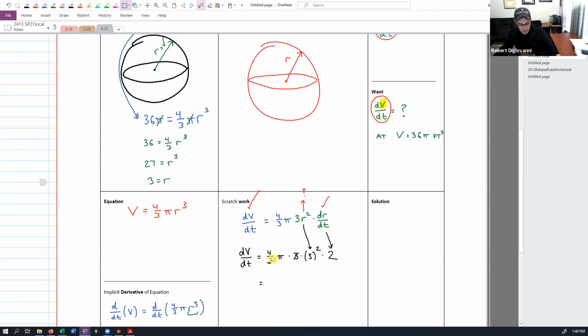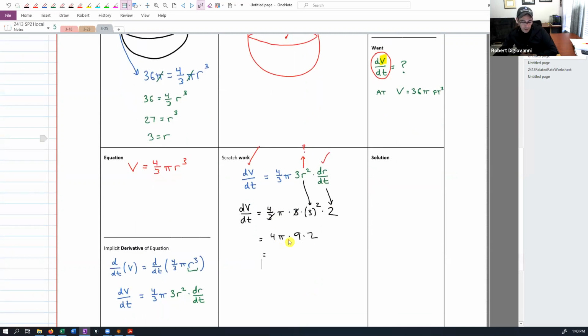And let's see, I just get 4 times pi times 9 times 2. 72 pi, which is approximately, on my calculator, 226.195 is dV/dt.